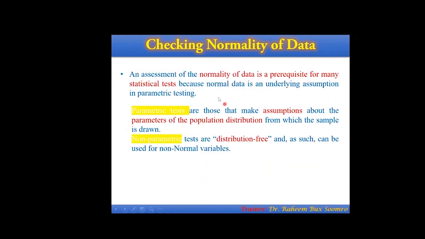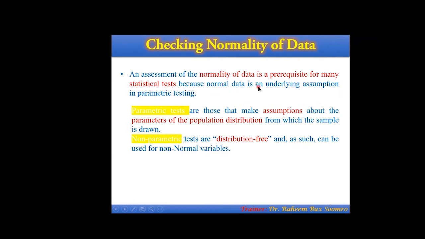Normality is a prerequisite and a very important assumption of several tests which you can apply on your data. If the data is normal, then you can go for a parametric test, because parametric tests follow some assumptions, some parameters.